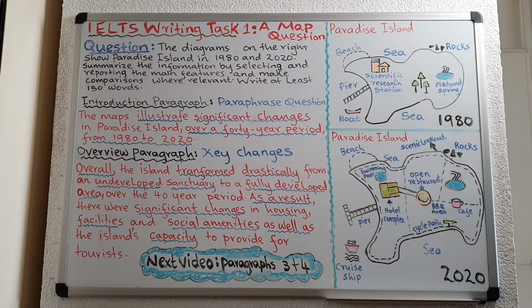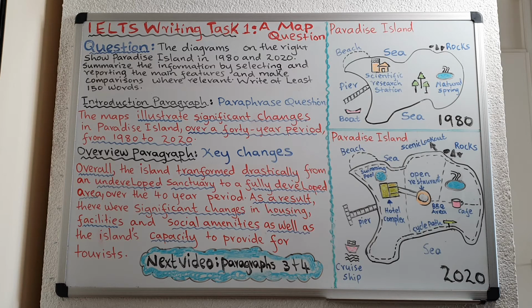Now, once you have read the question and looked at the diagrams, the next thing that you need to do is to write the introduction paragraph. Now let's look at Paradise Island in 1980. If you look at that diagram, you notice that the island has only natural endowments.